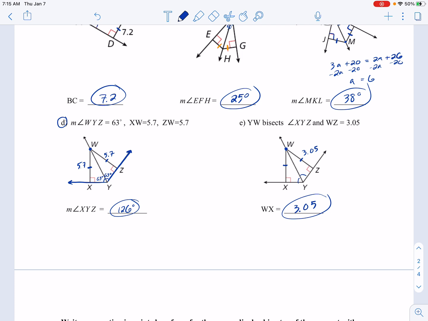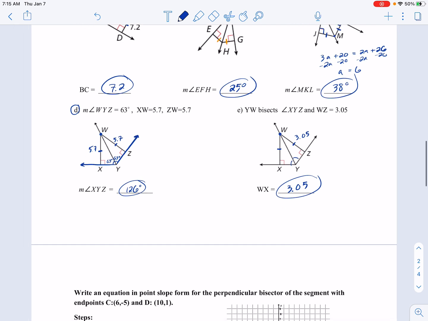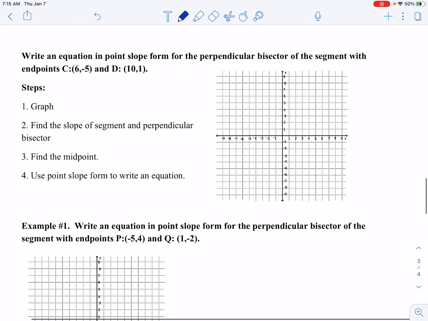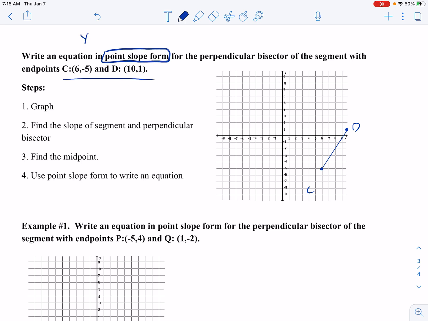Okay, the last two things I want to finish up with, we have one more theorem, but before we do that, I want to talk about writing the equation of a perpendicular bisector. So if I were to give you two points, and we would graph this segment, (6, -5) and (10, 1), CD, and we wanted to write the equation in point-slope form, which if you remember is y minus y1 equals m times x minus x1, where we need to plug in our point and our slope for point-slope form.